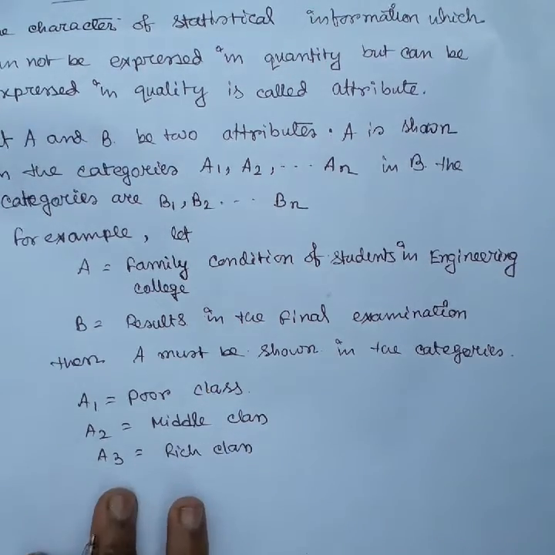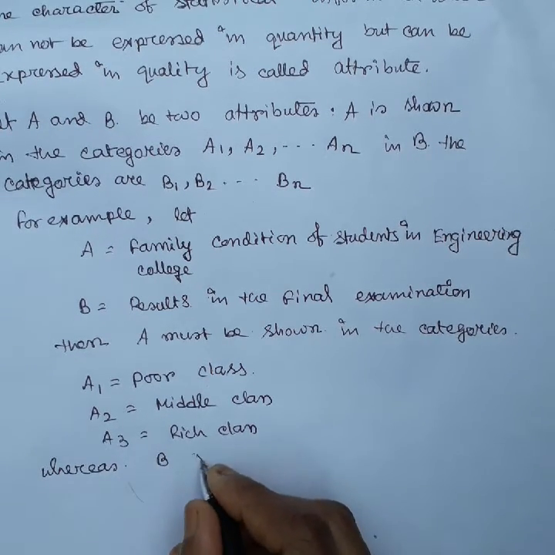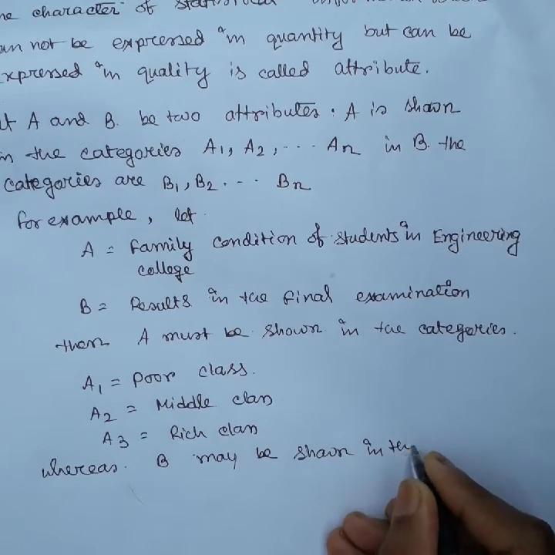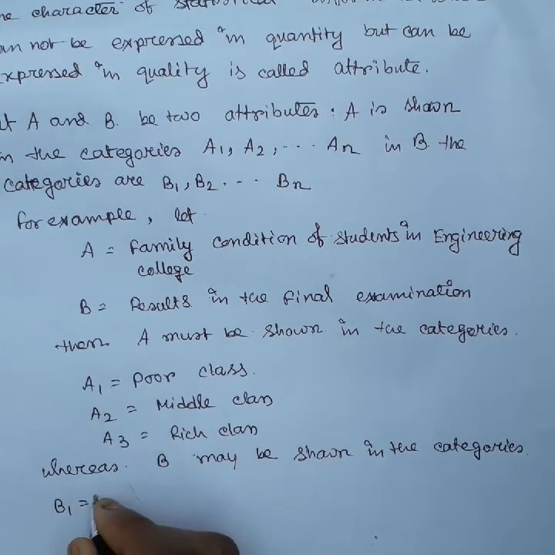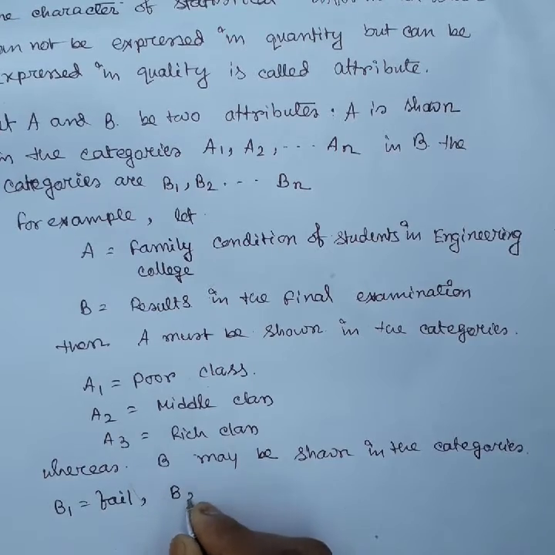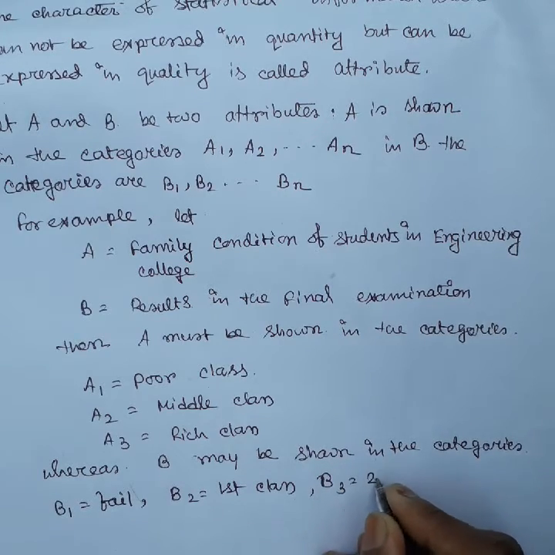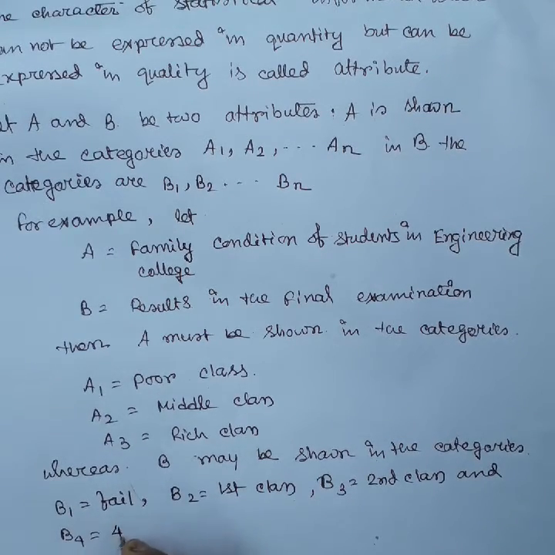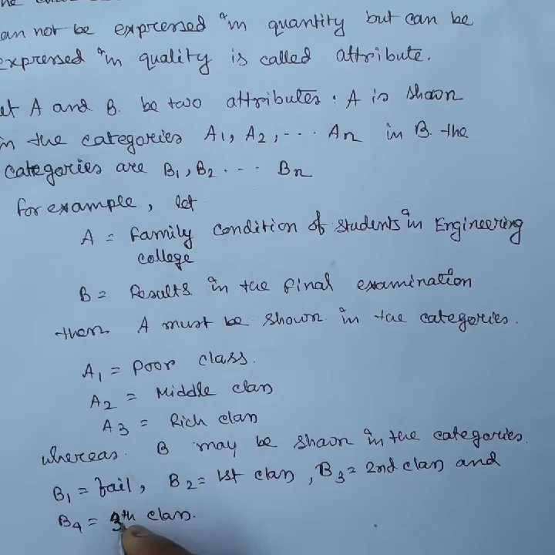Okay, these are the three categories of A, whereas B may be shown in the categories B1 is equal to fail, B2 is equal to first class, B3 is equal to second class and B4 is equal to third class. Okay.